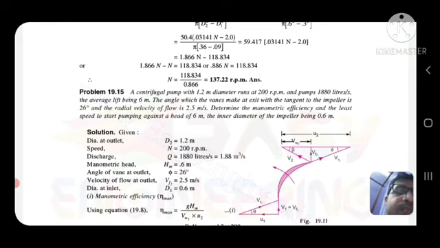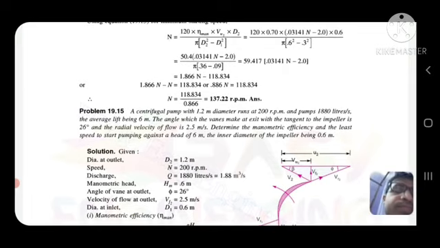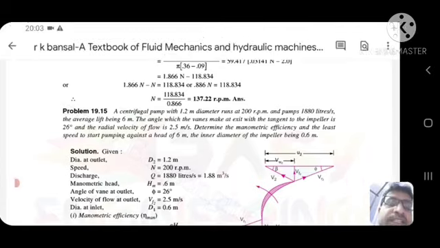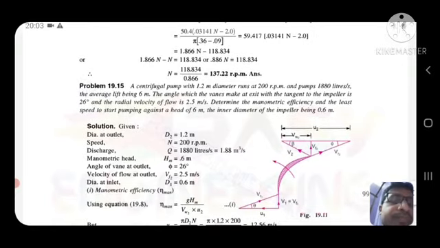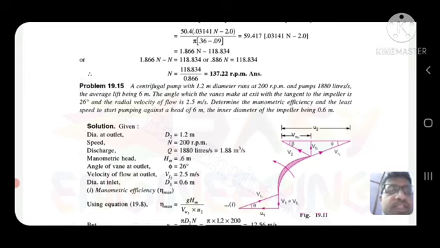N is in RPM, 118.834 equals 0.866 n. So n is equal to 118.834 by 0.866, which is 113.22 RPM.